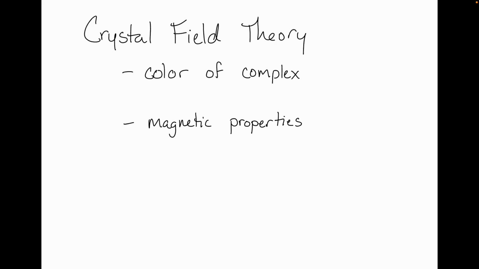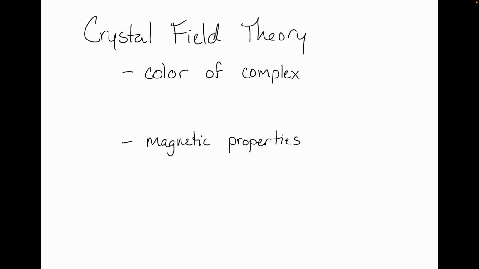So first of all, color of complexes. What do I mean by that? It turns out that our transition metal complexes tend to be very brightly colored, pretty solutions, right? They're brightly colored, which really means that they absorb photons in the region of the electromagnetic spectrum that we can see with our eyes, the visible region.